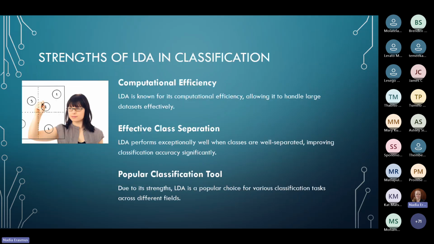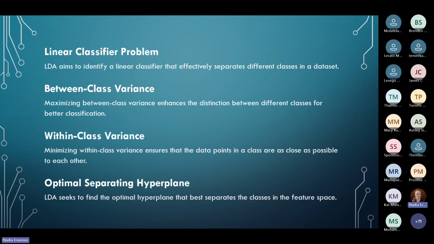So we're going to identify a linear classification, and we're going to separate it into different classes. So that is our different classes or our different categories.